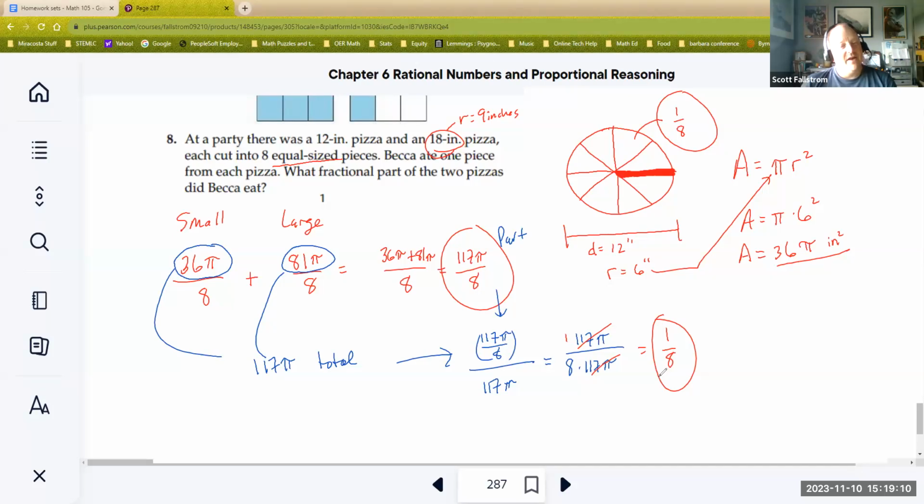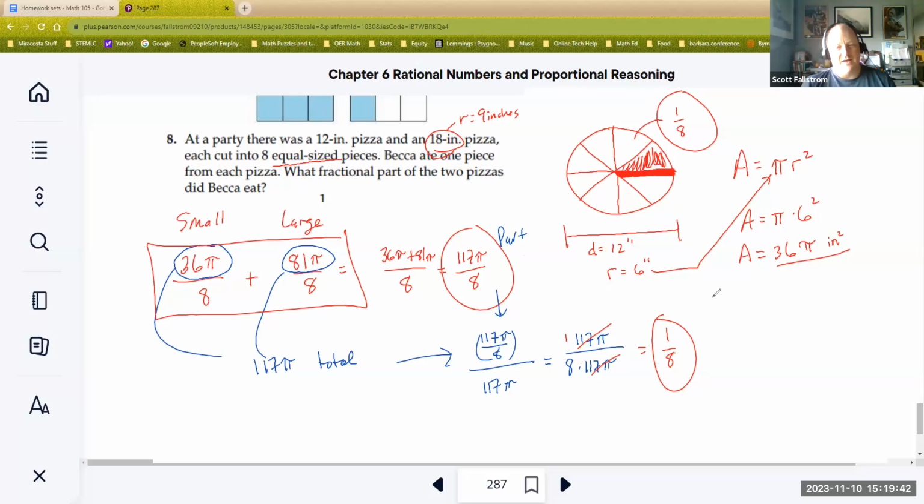Now, this would be a very different problem if she ate one piece of the small and 2 pieces of the large, because now it's not the same. But there is, of course, a shorter way to do this. I want to show you all the math that shows how to get to the full fractional piece. But if you just said, she took 1/8 of the small, and then she also took 1/8 of the large. When you put that together, if you were to factor this out, this would be 1/8 of the total.